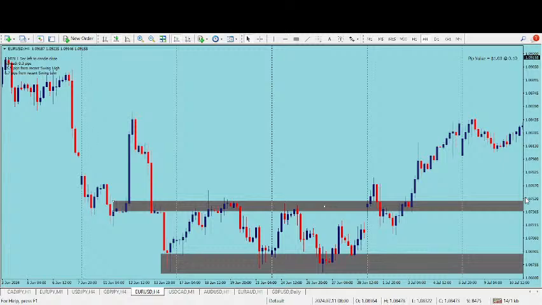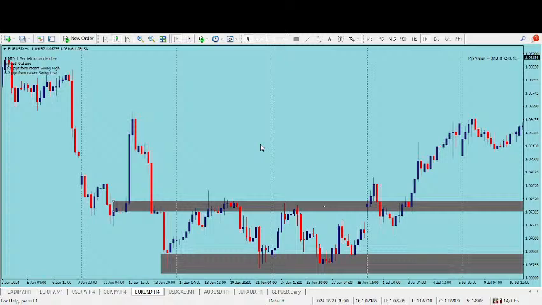When we mark this area, here can be our resistance. So until this price action takes out this supply area, because another name for resistance is supply, we call it supply area, then demand is referred to as support.